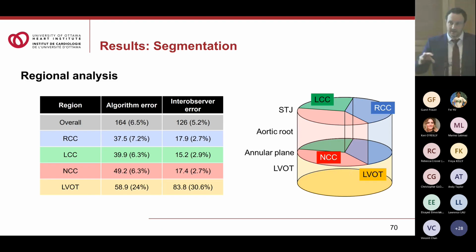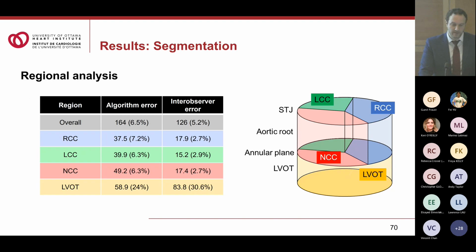And then we divided the accuracy by segments of the aortic valve to see if there was any effect that we could elucidate from that. And we found that the algorithm performed slightly worse at the level of the valve than the inter-observer reliability, but in the LVOT slightly outperformed the human reader.